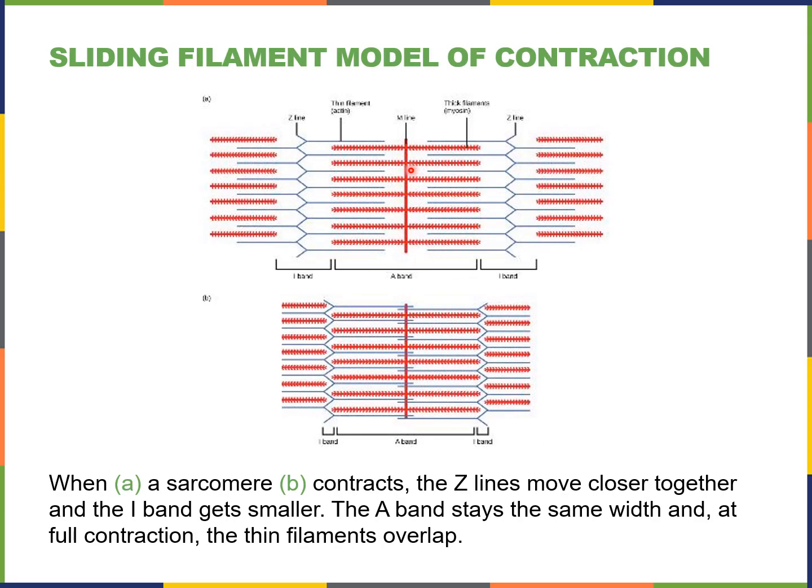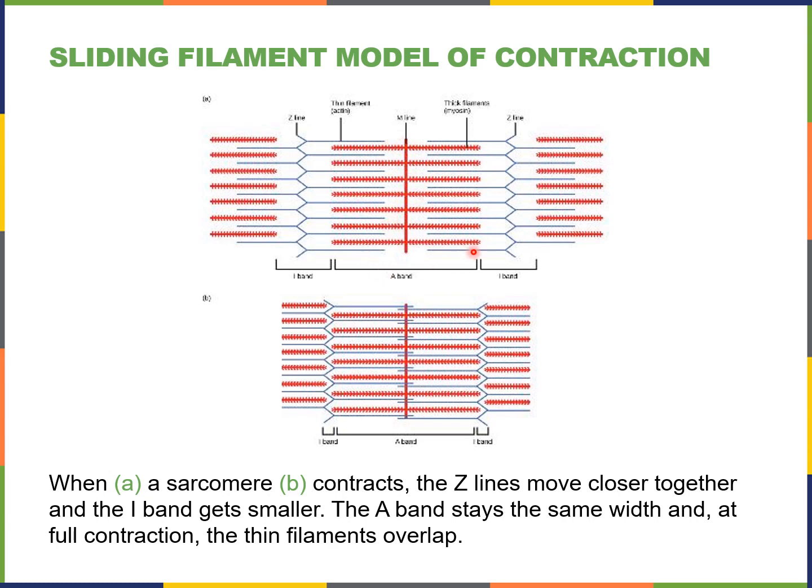So how do muscles actually contract? Well, it is by this thing called the sliding filament model. What we have here is our sarcomere, right? And when that contracts, it doesn't actually get shorter, but our filaments slide past each other. So our actin will slide past our myosin, and our Z lines move closer together.